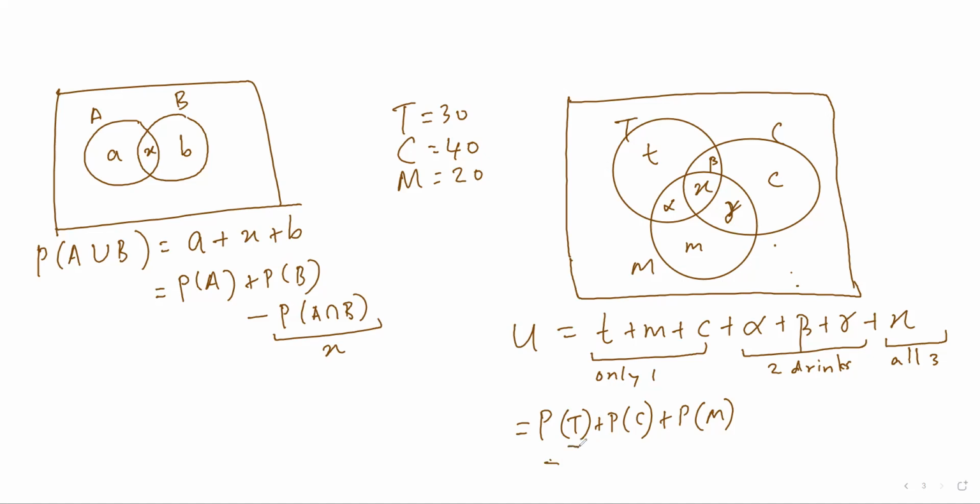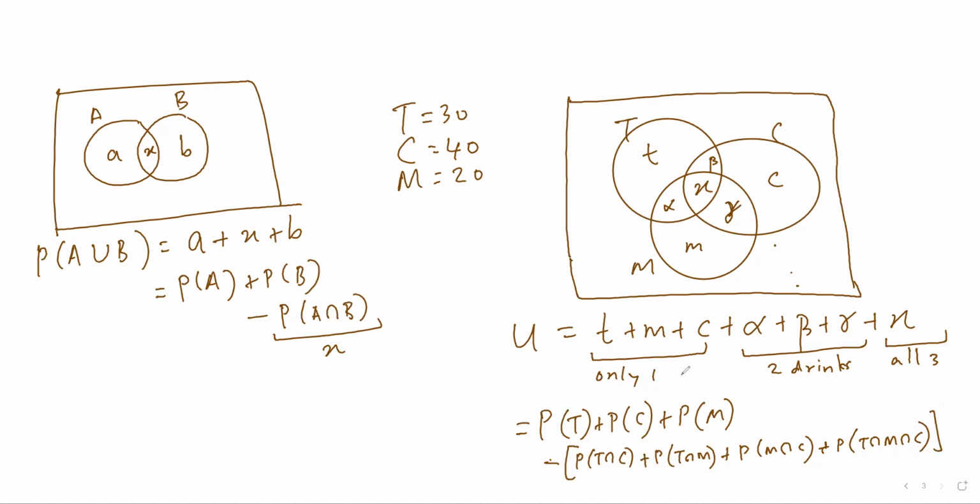So let's say the probability of T intersection C, the probability of T intersection M, the probability of M intersection C, and the probability of T intersection M intersection C.